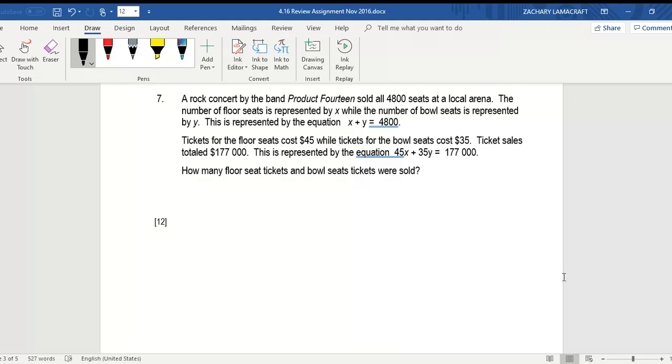The tickets are $45 for the floor and $35 for the bowl. The tickets totaled $177,000, and it's represented by the equation 45x plus 35y is equal to $177,000. So it says how many floor tickets and bowl seats were sold.